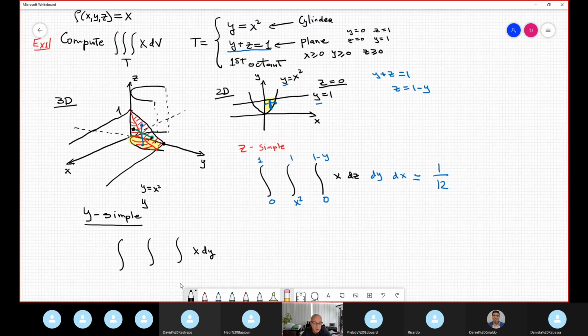Entonces, y equal 1 minus z, no? So I go from x squared to 1 minus z. This is the limit when you integrate in the direction of the green color, que is parallel to the y-axis, and I make a decision to integrate first in that direction.